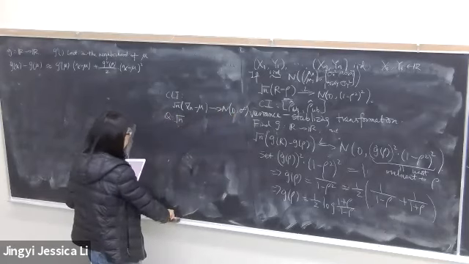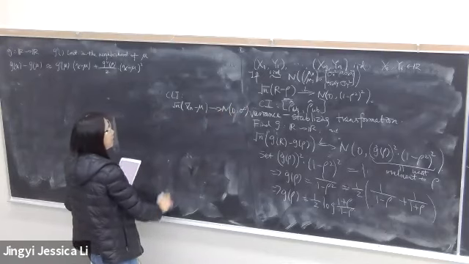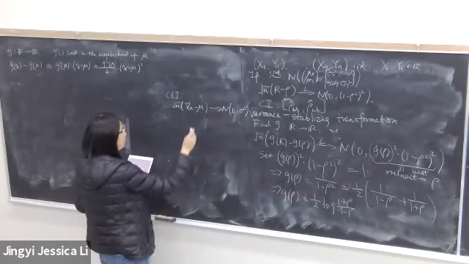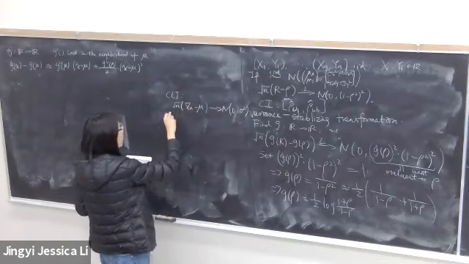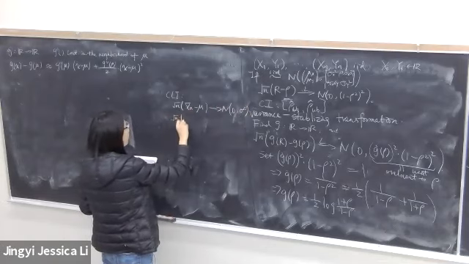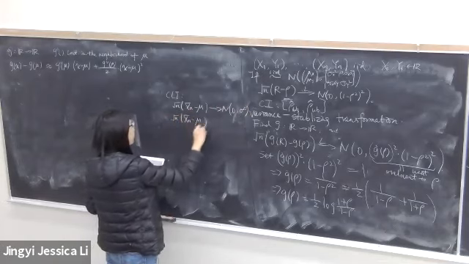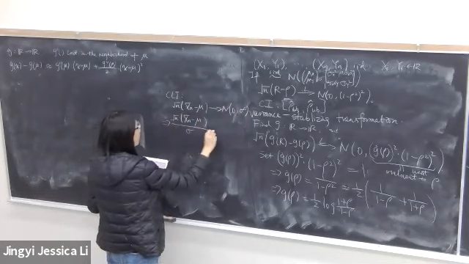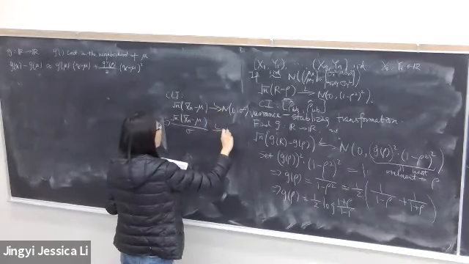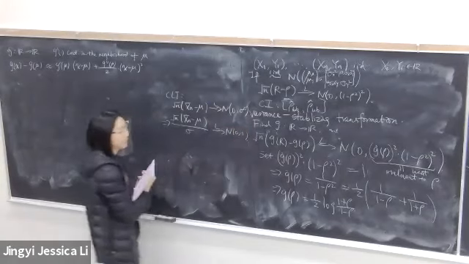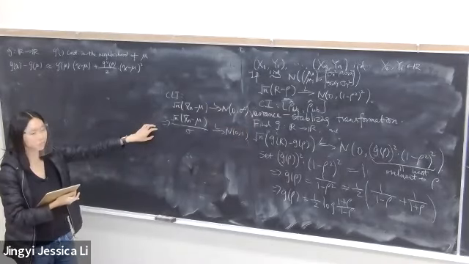So by dividing sigma to this side, I will have this converge in law to standard normal. I'm going to use this result.